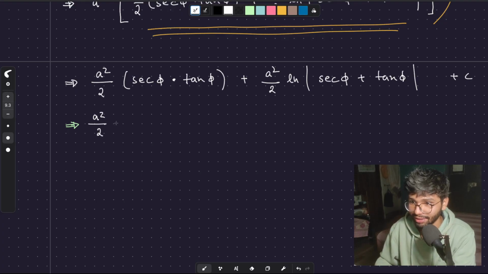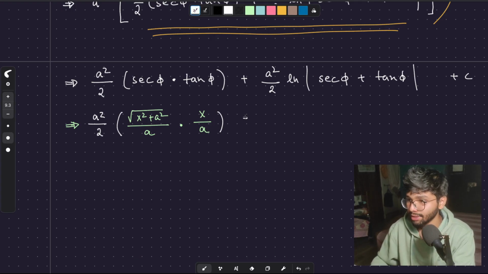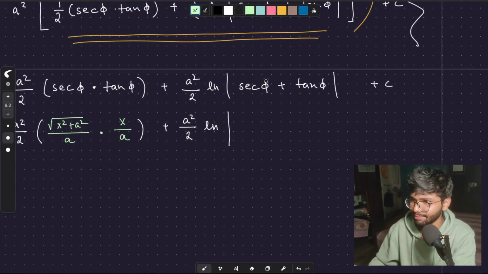Let me do that in this color. We got this thing: the square root of x squared plus a squared times x over a, because tangent is just x over a, since we made that substitution. And over here we have a squared over 2 times the natural log. Natural logs are very nice. I like them a lot.